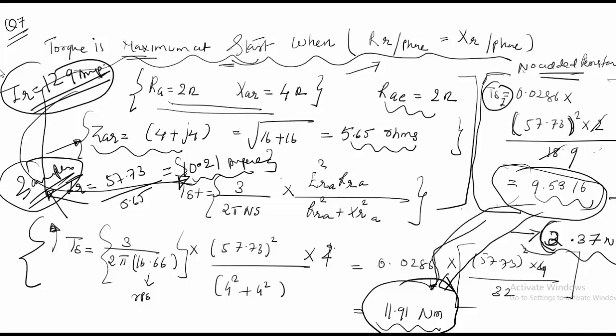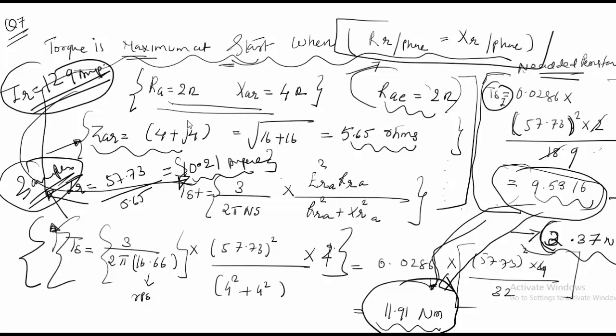So this is a configuration which makes it possible to get the maximum amount of starting torque when your starting resistance is equal to the XR.